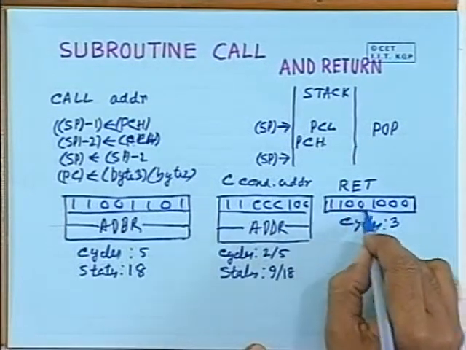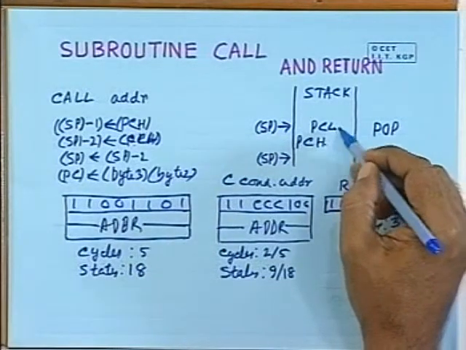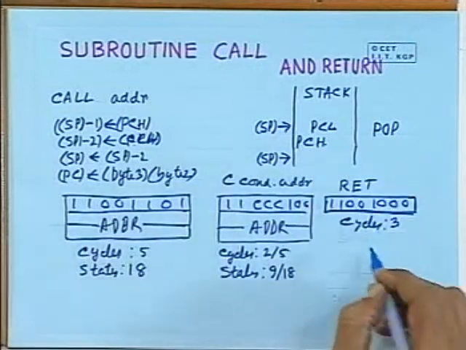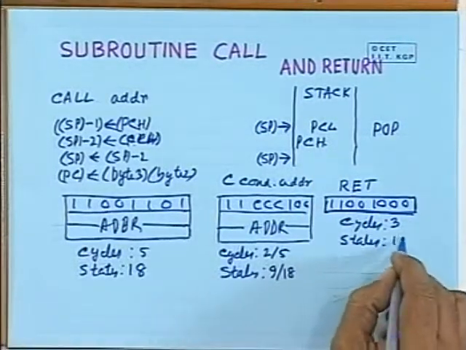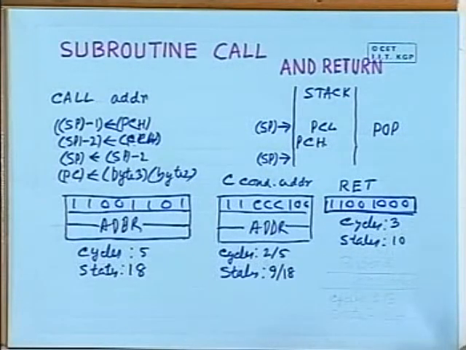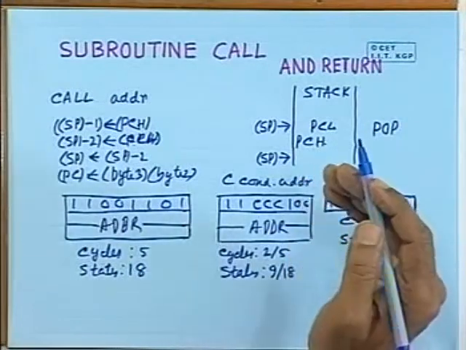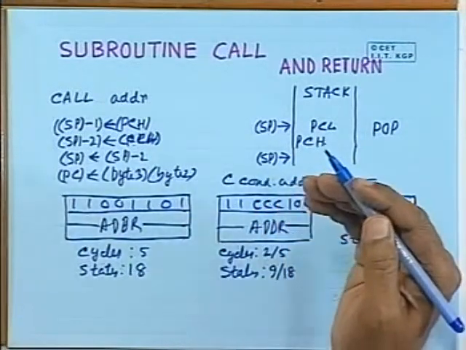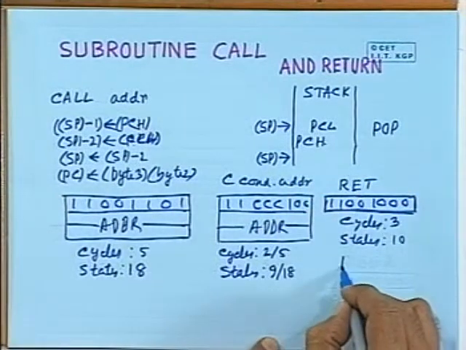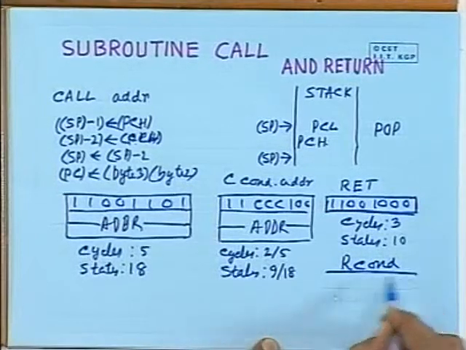The first one is the machine fetch cycle, and the following two are read cycles from the stack, and it will be loaded into the program counter. So the total number of states required will be 10. Now, just like the conditional subroutine call, you can have a conditional return as well, like this.